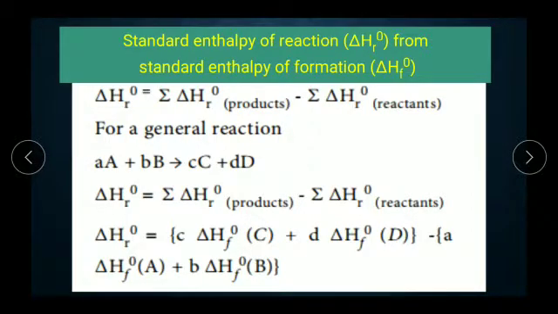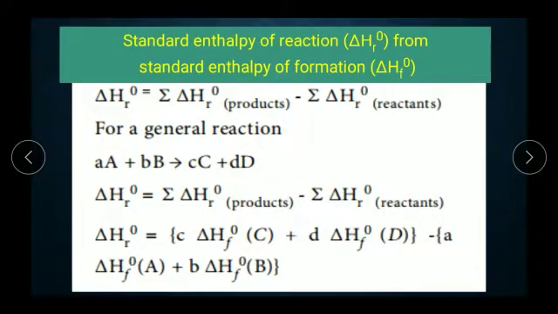Generally, we take one chemical reaction: aA plus bB gives cC plus dD. Small a, b, c, d are the number of moles, nothing but the coefficients. Then let us calculate ΔH_R°. ΔH_R° is equal to the summation of ΔH_F° of products minus the summation of ΔH_F° of reactants.